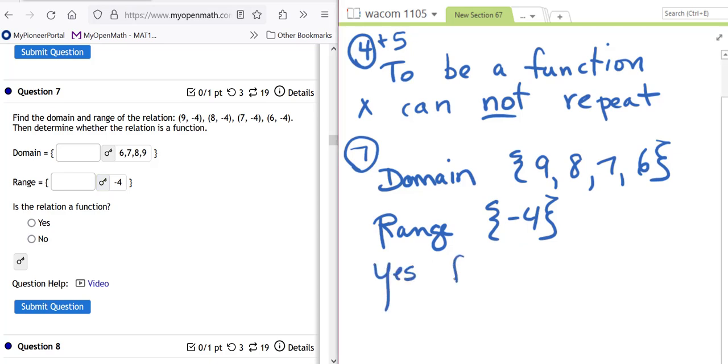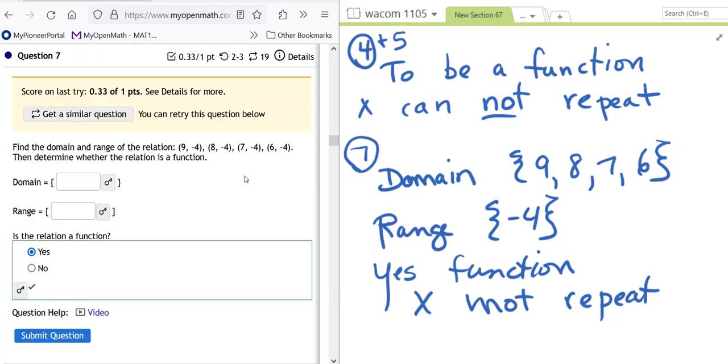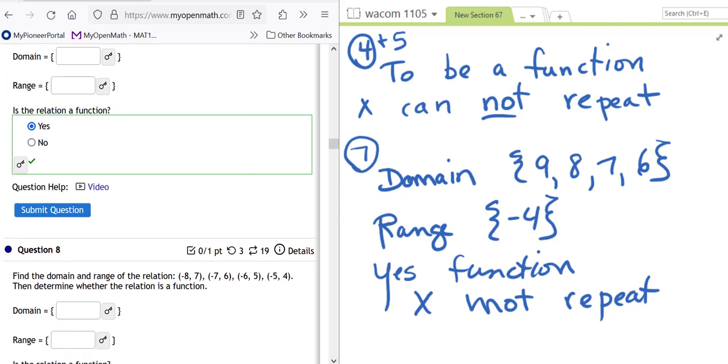Yes, it is a function. All right, and I marked in that. It's going to mark me wrong for 2/3 of it. That one I got right, because that's the only one I answered.